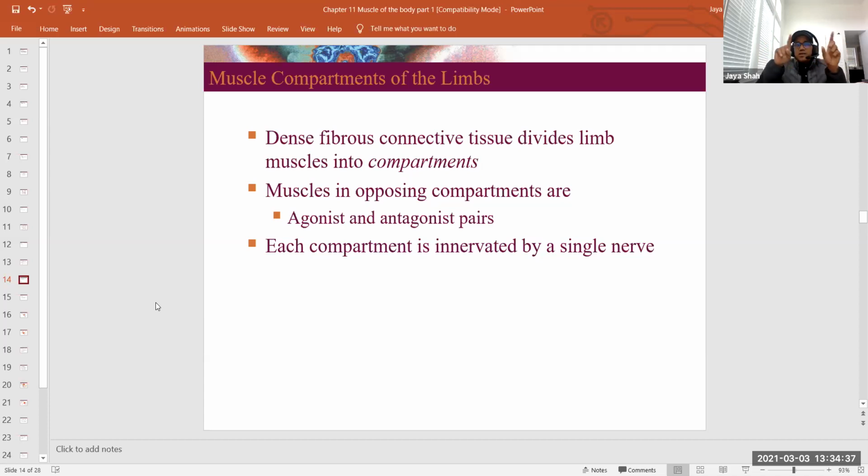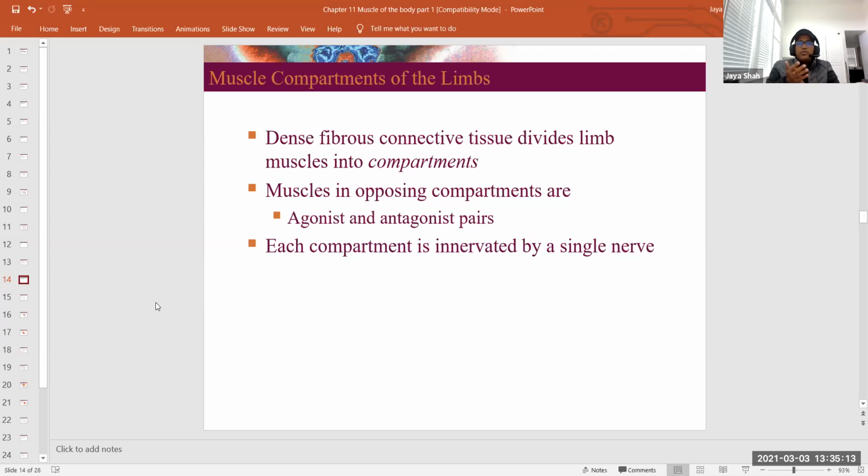In that case, the nerve, artery, and vein inside that compartment are going to be compressed. If they are compressed, you are compromising blood supply, veins, nerves, and lymphatic vessels, and then tissue is going to be damaged and necrosis will start there. That's why compartment syndrome is very, very dangerous. Okay. So dense fibrous connective tissue divides limb muscles into compartments, and we're going to see that.